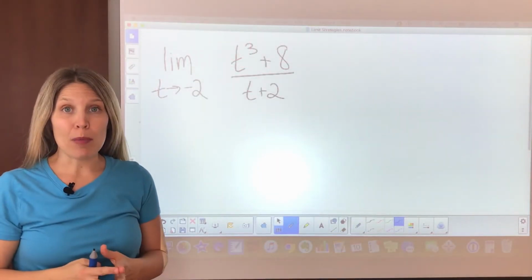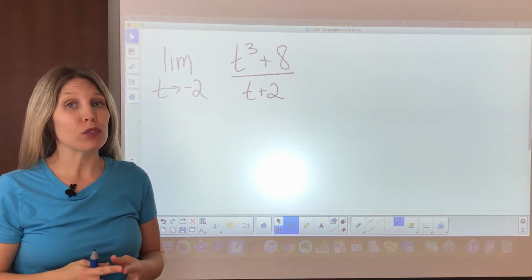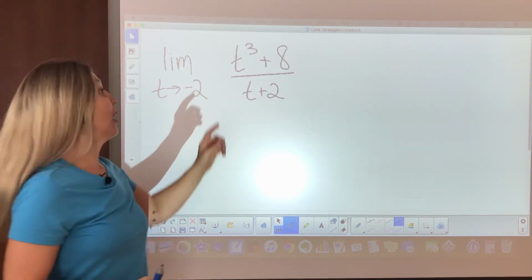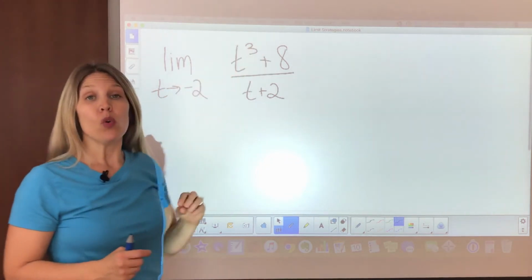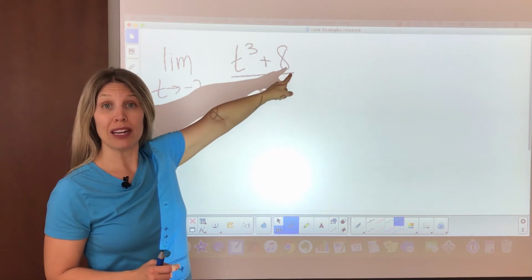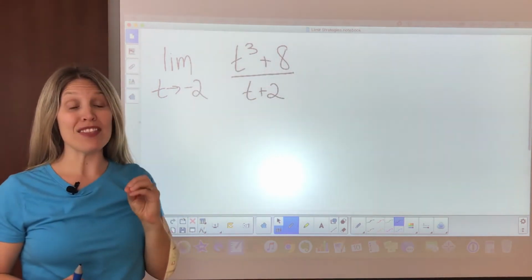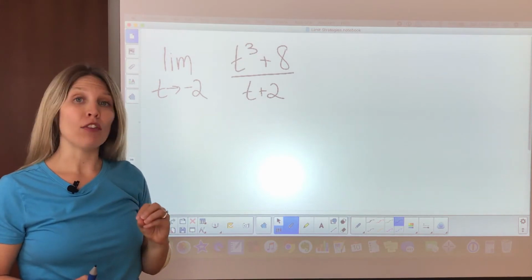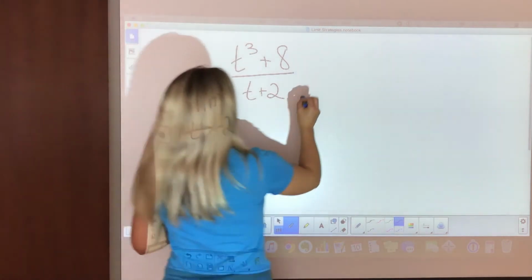Now this problem is going to require you to pull out some good old factoring skills. When you have a value that is cubed, we have to figure out if this other integer can be written as a cube. And it can be, and that is great. So what I'm going to do is remind you of the cube factors, how you can break this down.